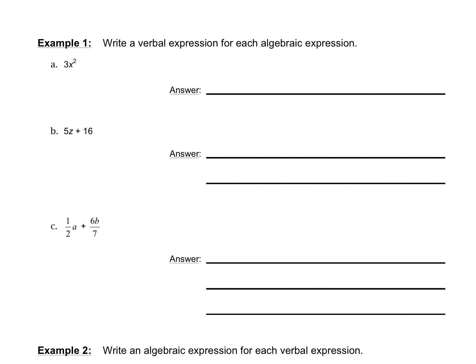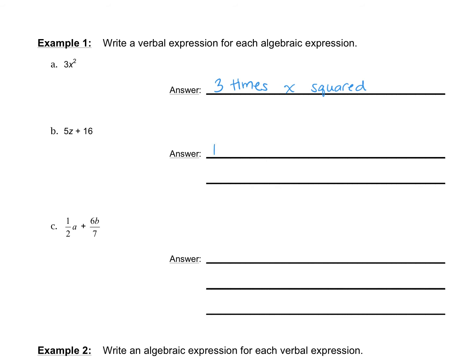For this, I will go ahead and just write this as 3 times x squared. However, you could write that as the product of 3 and x squared, as I said. I could also write 3 multiplied by x to the second power. All right, for our next example, 5z plus 16. Again, we're going to revert back to the vocabulary.